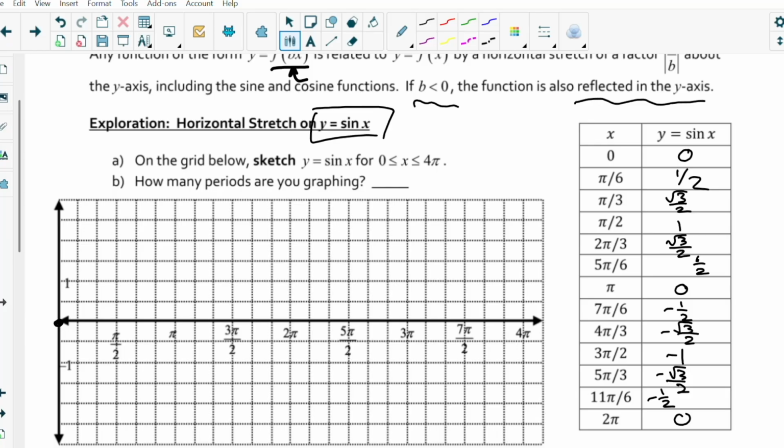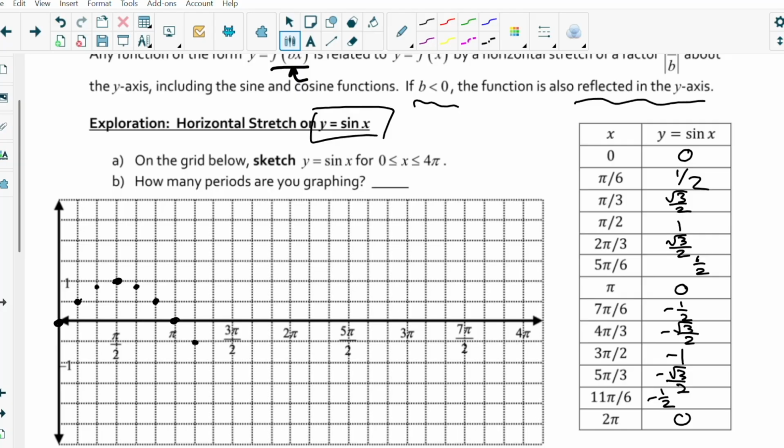Got 0, pi over 6, 1/2. Pi over 3, square root of 3 over 2. At pi over 2, 1. At 2 pi over 3, square root of 3 over 2. And then at 5 pi over 6, 1/2, and then back down to 0 at pi.